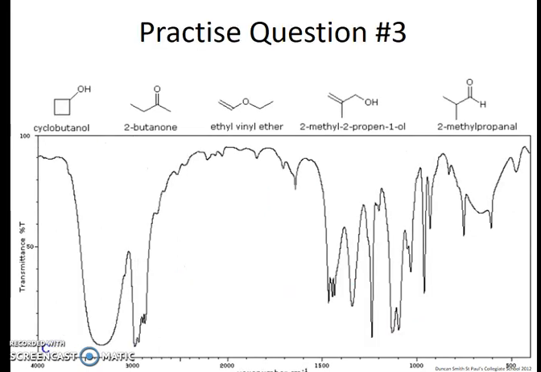Okay, so let's have a look at the third one. Again, we're going to look in that 3000 to 4000 wave number range, and here we see a beautiful symmetrical parabolic peak. That's suggesting to me that this is an alcohol.